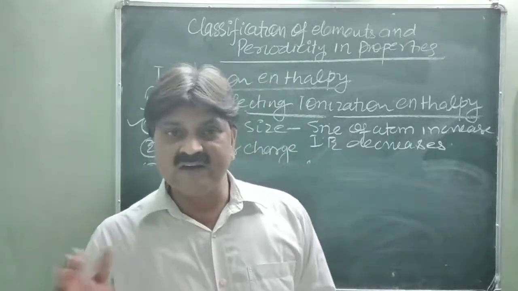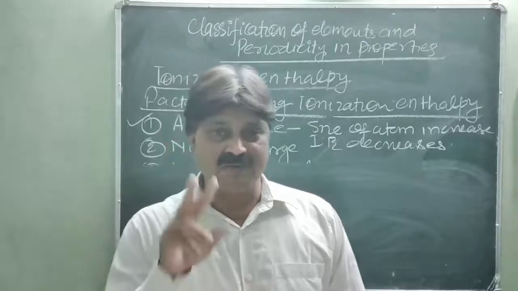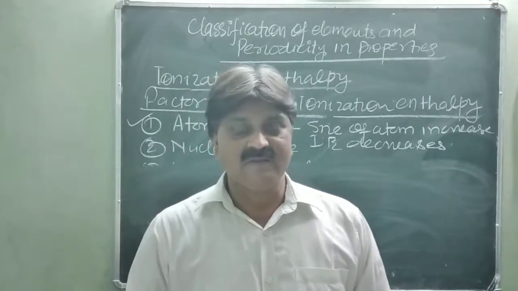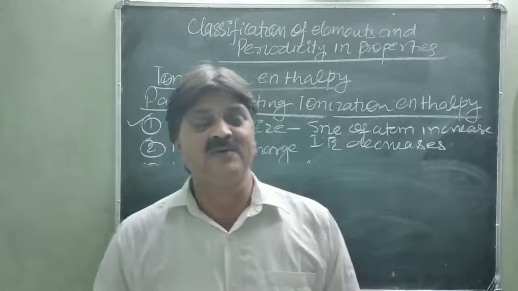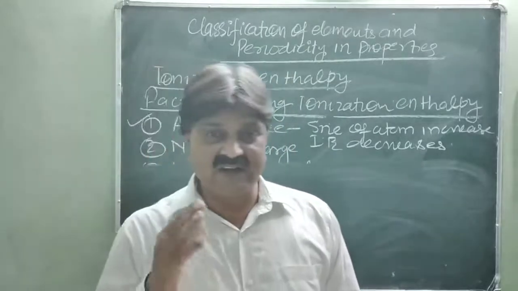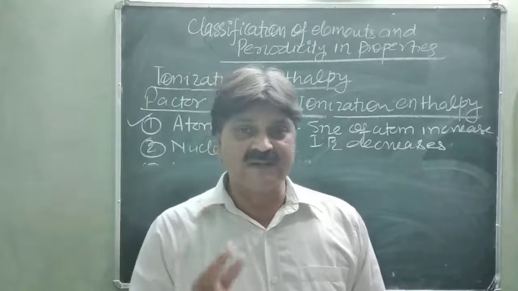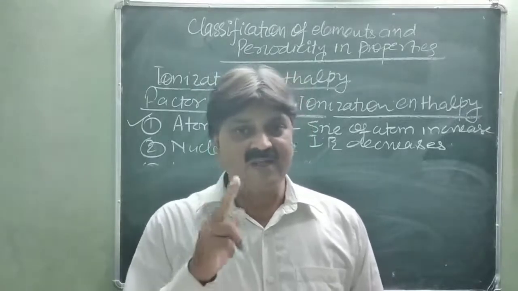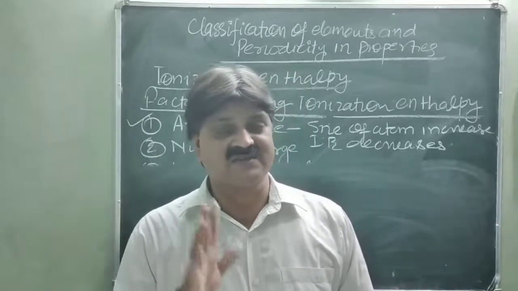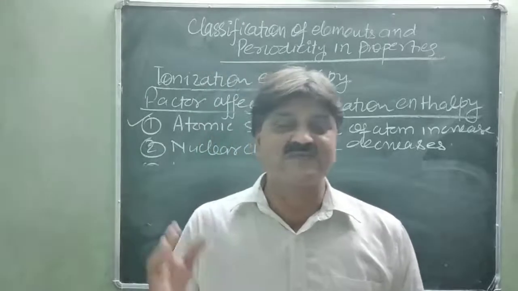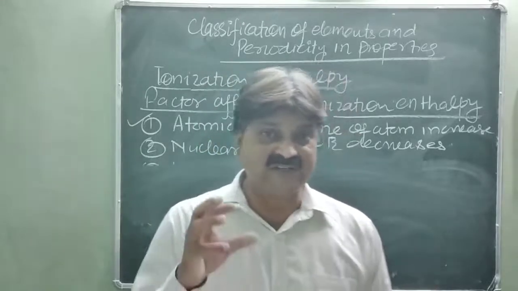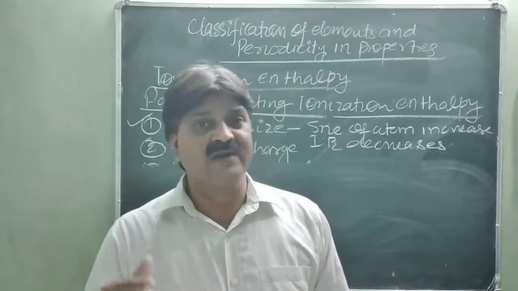When one electron is released from the outermost shell, now the number of electrons is 5, but the number of protons is 6. One proton is greater. Further, when another electron is released, now the number of electrons is 4, but the number of protons is 6, a ratio of 4 to 6. So as electrons are released from the outermost shell, nuclear charge increases in respect of the electrons.